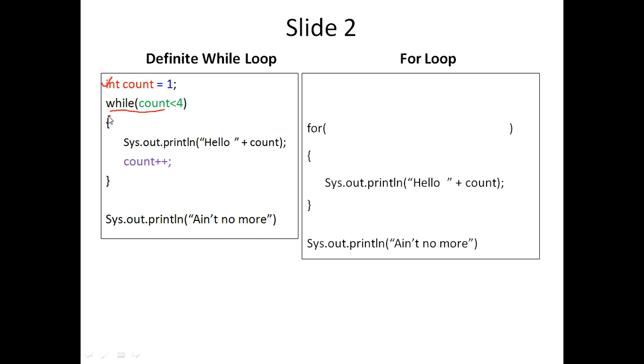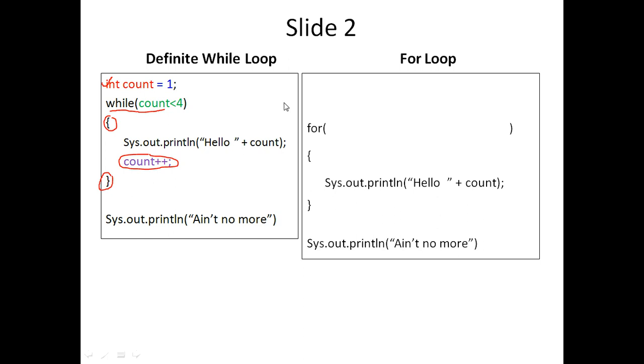And then you have the opening brace of the while loop. You have the closing brace of the while loop. And you have the line of code that alters or changes the control variable. So those 5 elements are still going to be involved in the for loop.